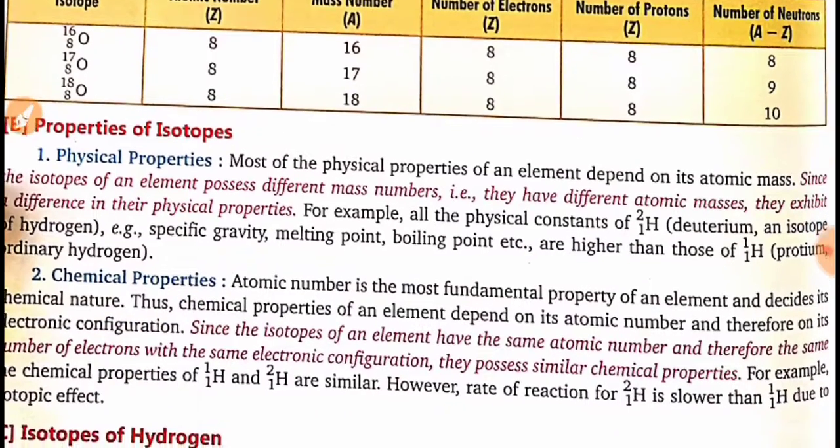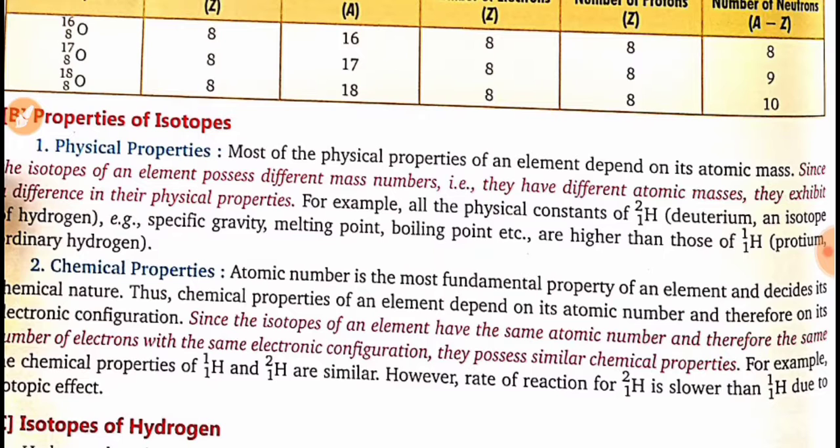Now we understand their physical properties. They are made up of only one element, but they have different mass numbers, so they have different atomic masses. They exhibit a difference in their physical properties. For example, all physical constants of 1H2, deuterium, an isotope of hydrogen, such as specific gravity, melting point, etc., are higher than those of 1H1, protium, ordinary hydrogen.